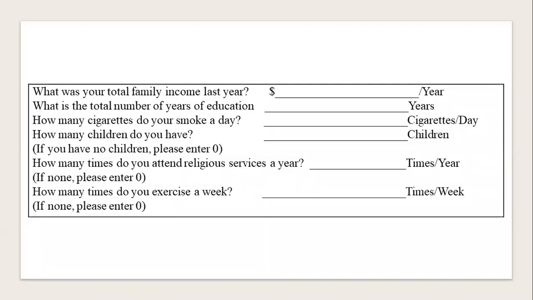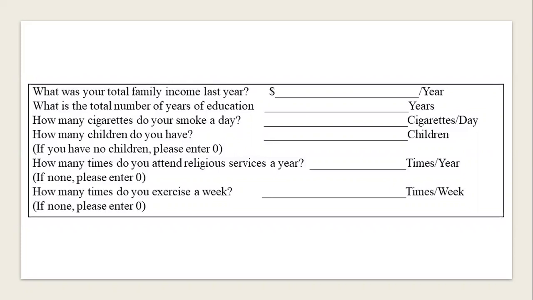Here are some examples of questions that we could ask on a survey that would produce ratio level data. For example, what was your total family income last year? Well, one's income could actually be 0. How many cigarettes do you smoke a day? The answer to this question could hypothetically be 0.